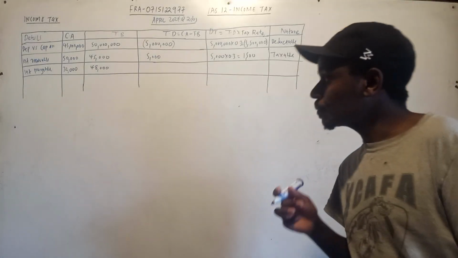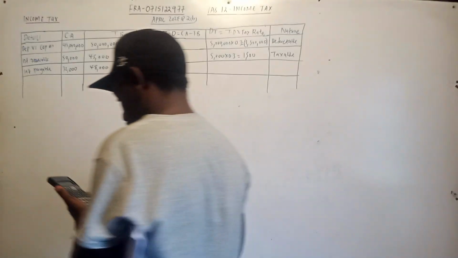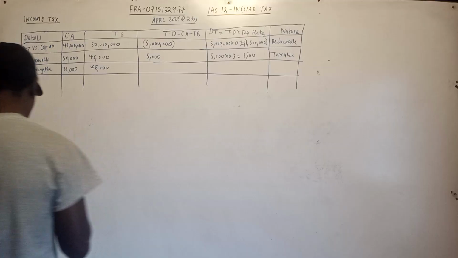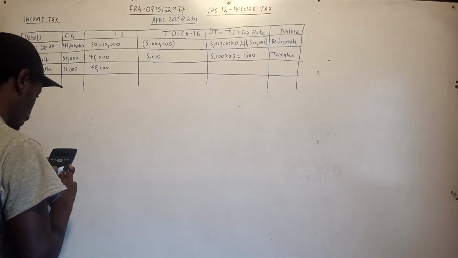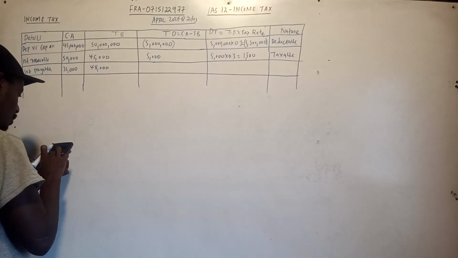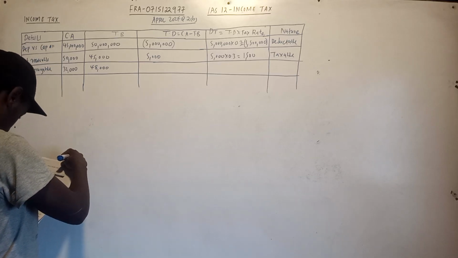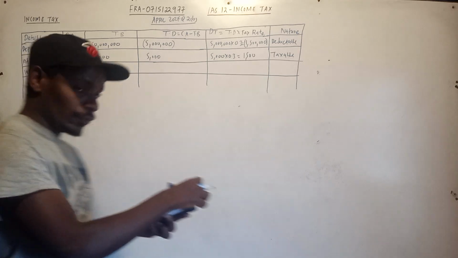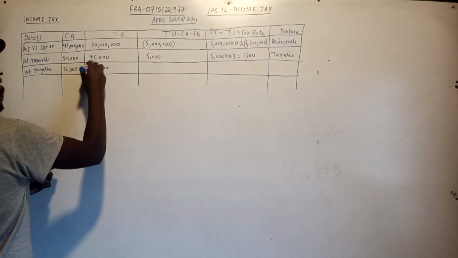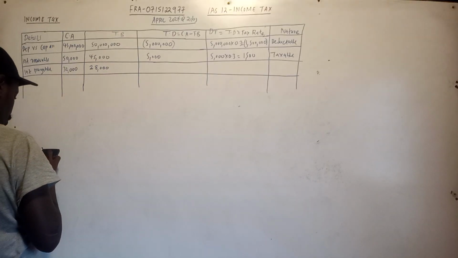So the difference, 32 minus 48, is supposed to be 32,000. Is it 48 or 28? It's supposed to be 28.